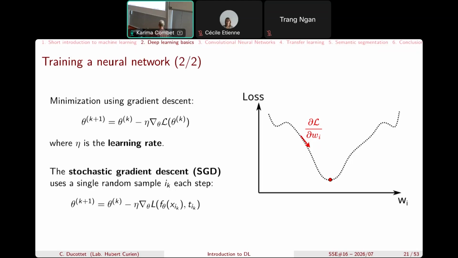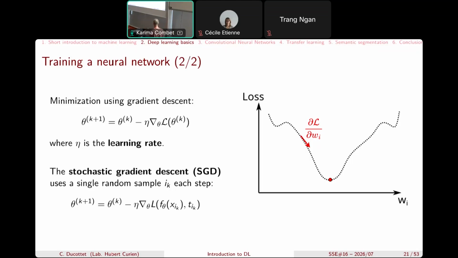So in this process we have to compute a gradient over all the parameters, and we want to modify the parameters in the direction of the gradient to be able to minimize the function. There are a lot of algorithms to do that.